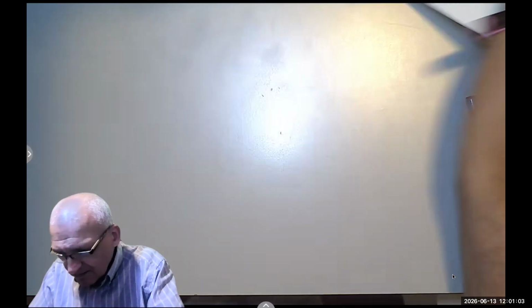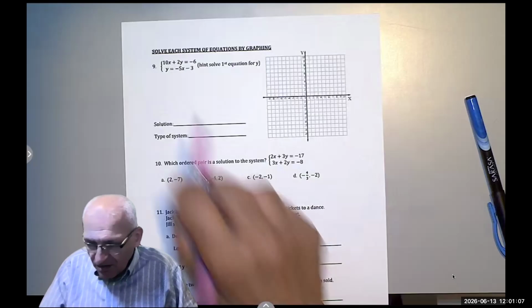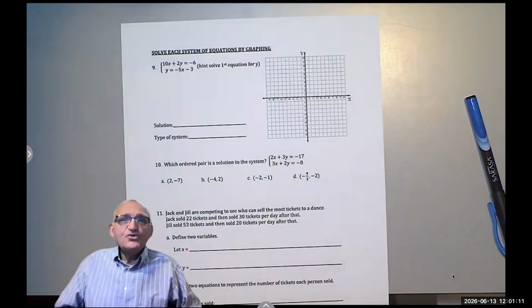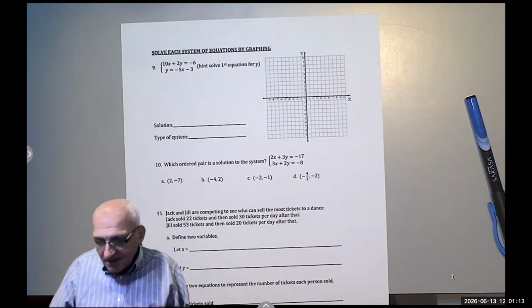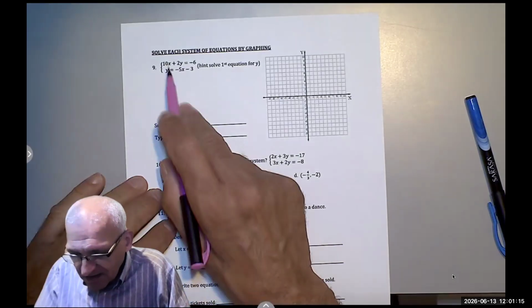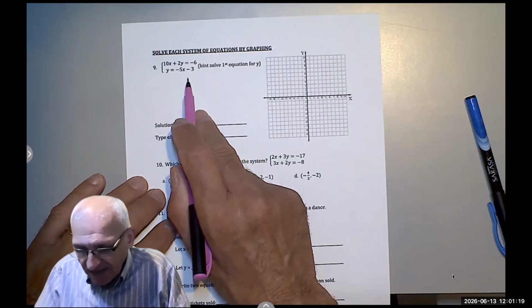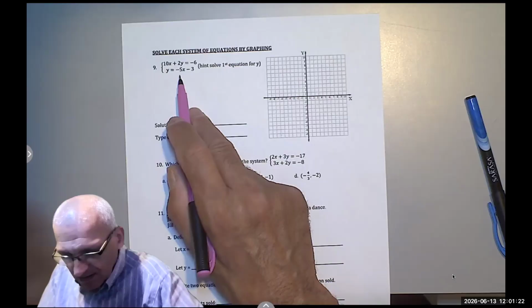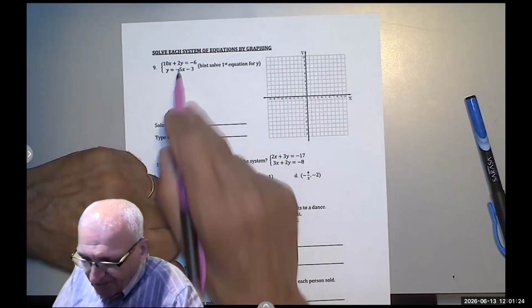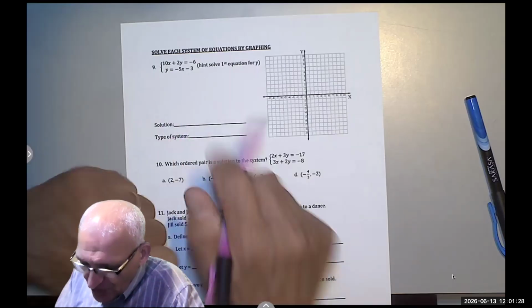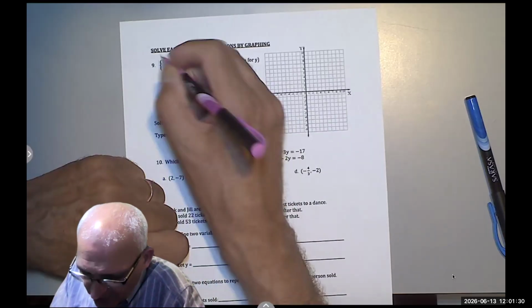We have another page, so maybe we have two problems. The first one is given to you in standard form. The second one is y equals mx plus b. In this case, I think it might be easier to first of all divide the top equation by 2.